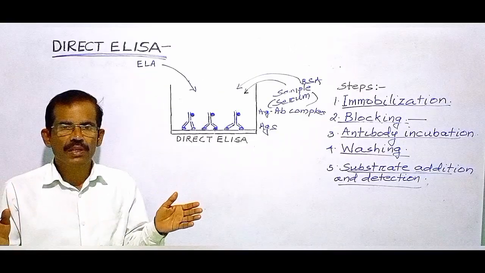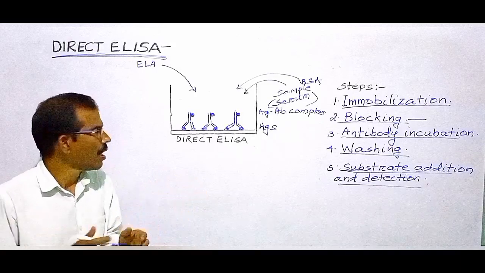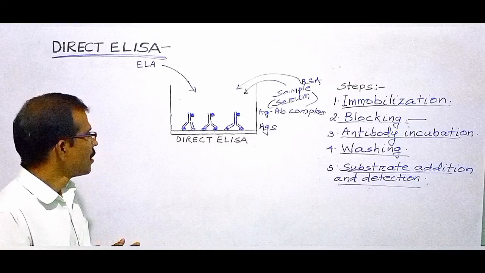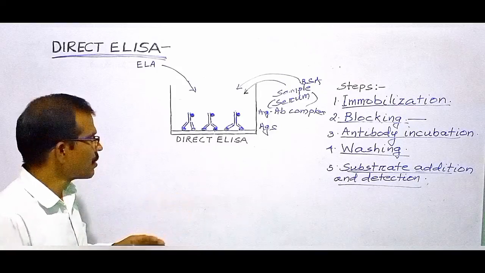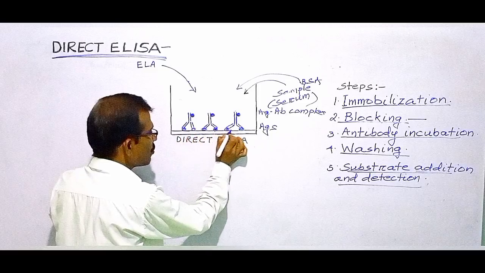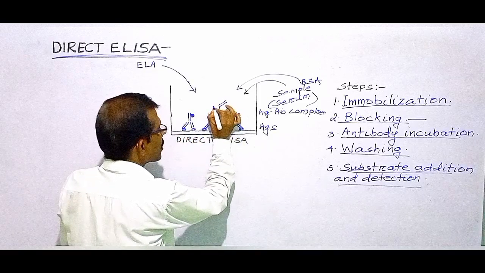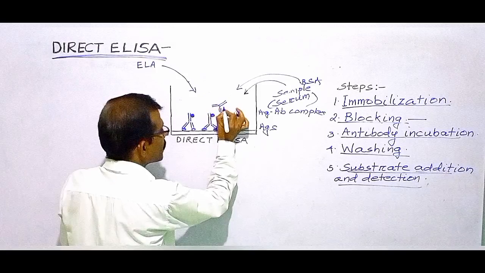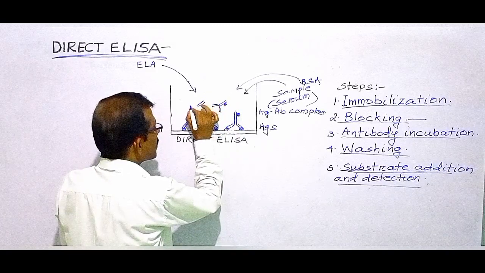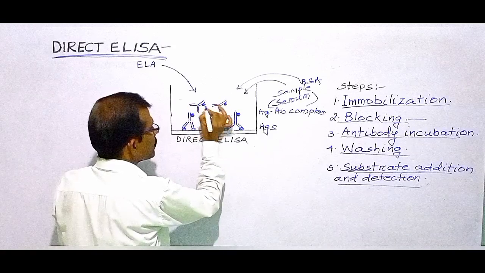Because the concentration of enzyme-linked antibody is higher than the concentration of antigen during incubation, some antibodies will bind to the immobilized antigens and the remaining will become free. So these are the antibodies that remain free or unbound.